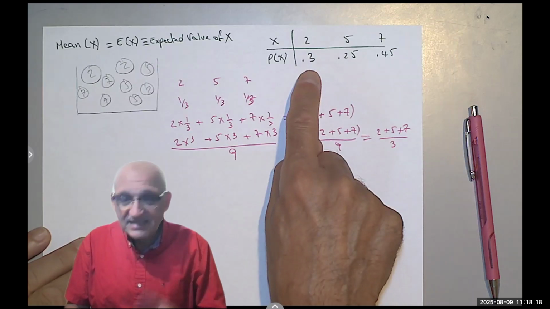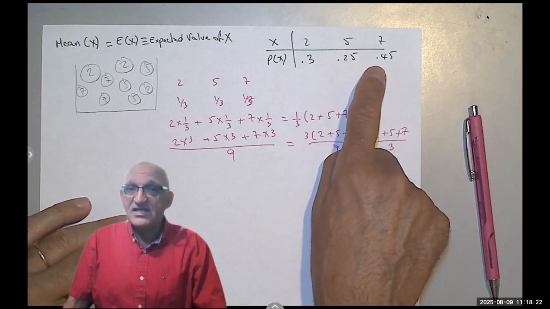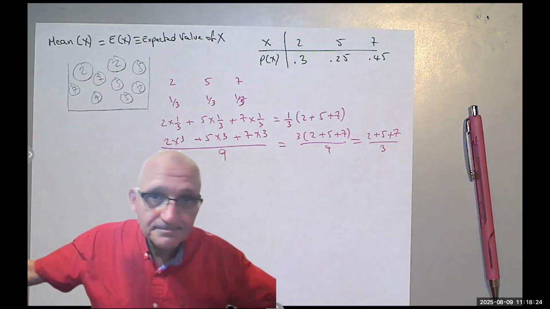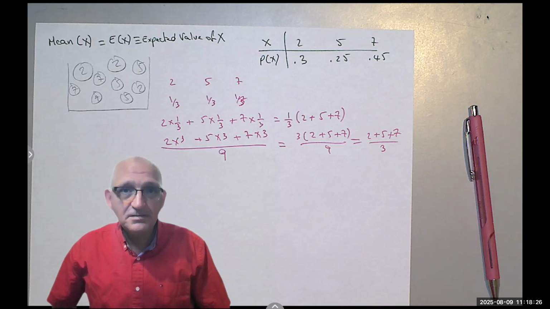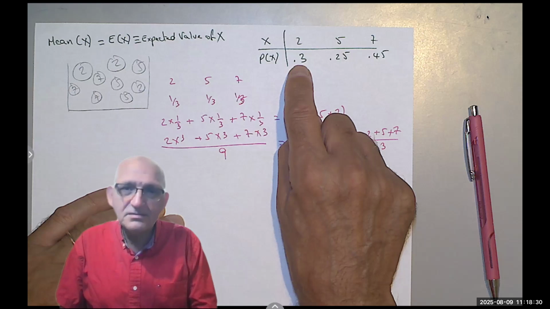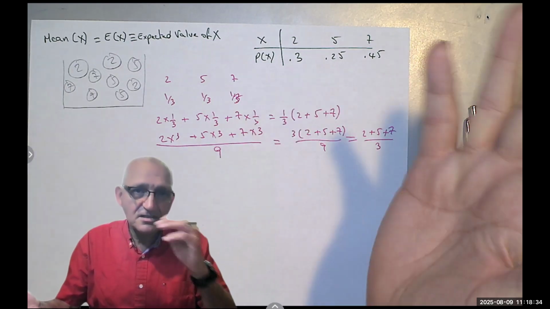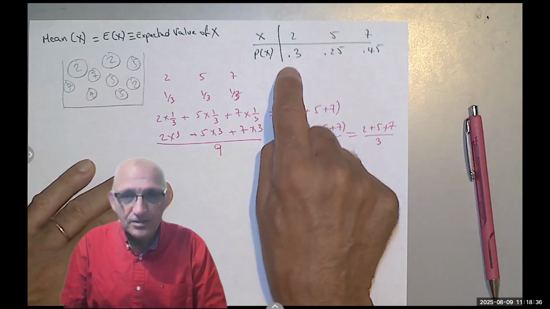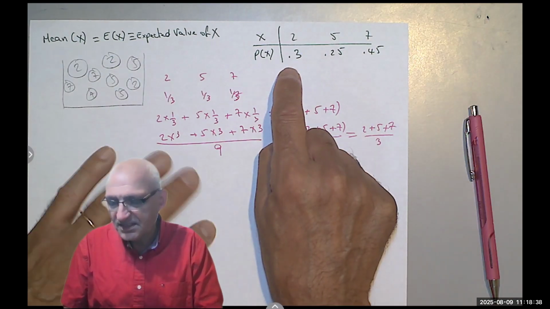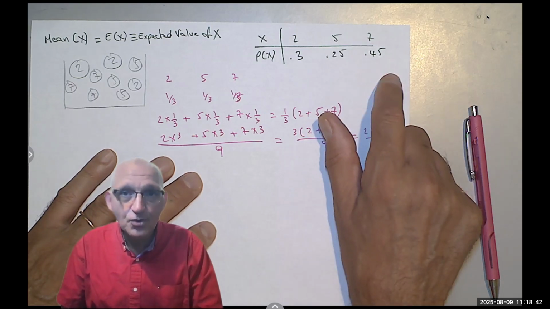Here, as I told you earlier, I can think of that as having 60 balls, or any number that is divisible, so 100 is easier, of course. 30 were red, we said, 25 were green, and 45 were blue.